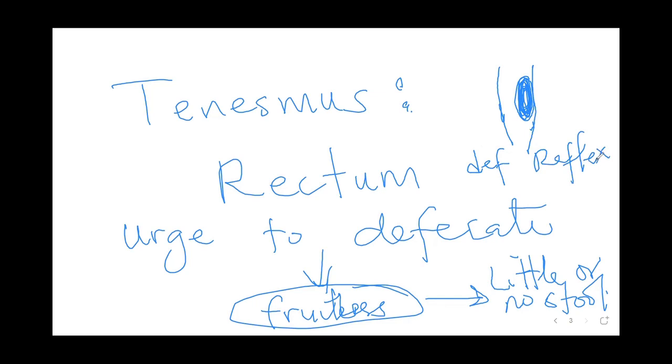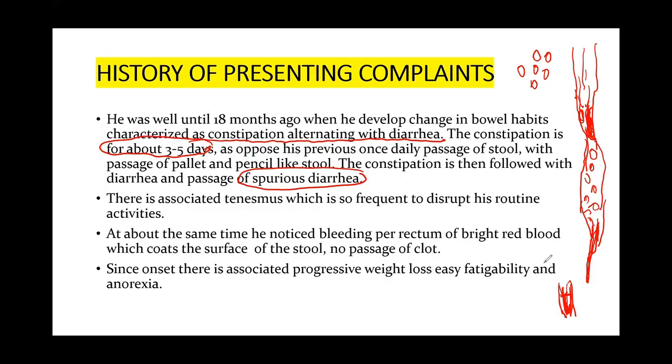The patient will have a persistent urge to defecate, which will not produce anything but the mucus that is being secreted by the tumor. So that is tenesmus. So you should know, any time in a history you mention that a patient has tenesmus, you have localized that tumor to the rectum. It is now a rectal tumor, not just a colonic tumor.